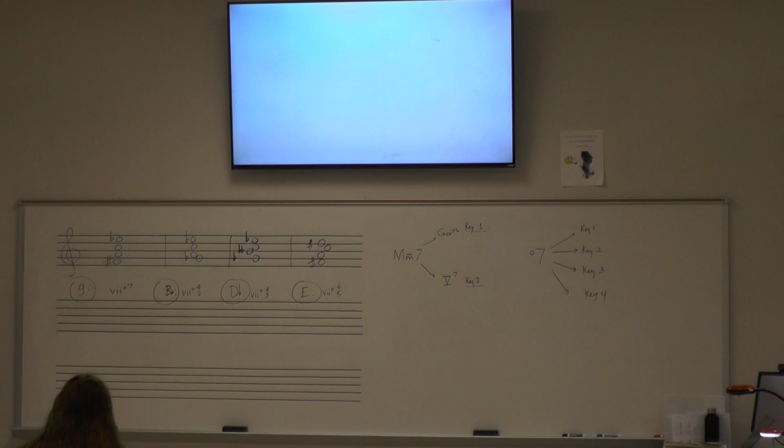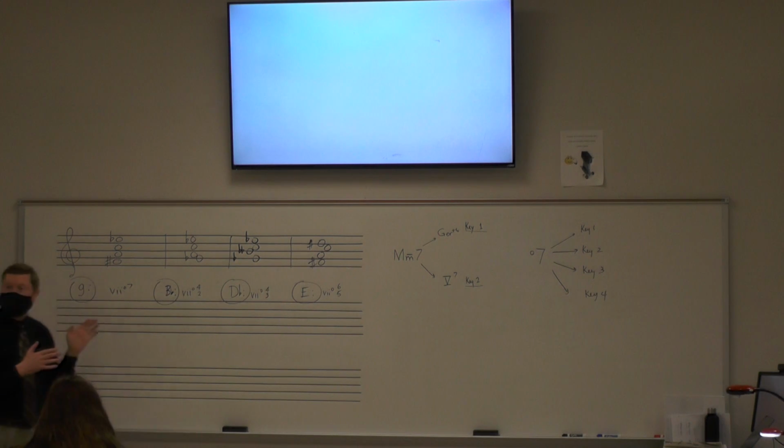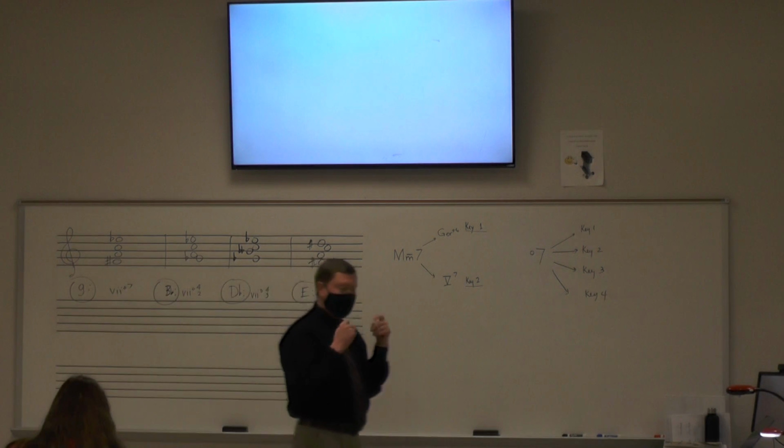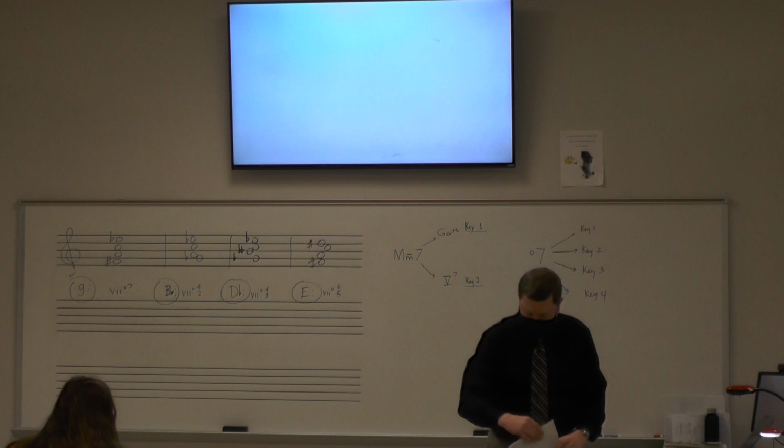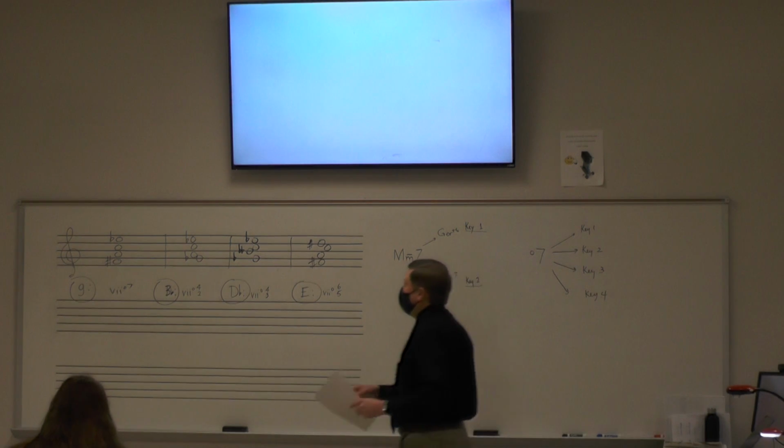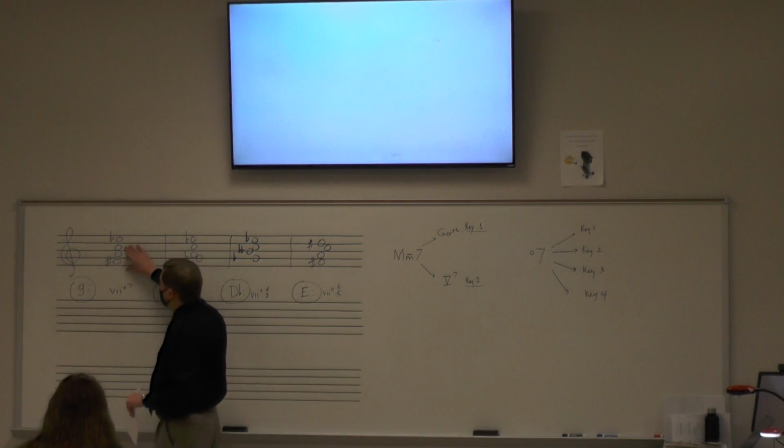Gosh, I wish I would have had like 5 or 10 more minutes to go through a little bit more. This just scratches the surface, but I think you'll have enough to complete. I'm going to give you a handout. It's just one side only, and I'm hoping that you're going to have enough knowledge to complete that. You should. Just remember that each one of the notes of the fully diminished 7th chord can serve as the root.